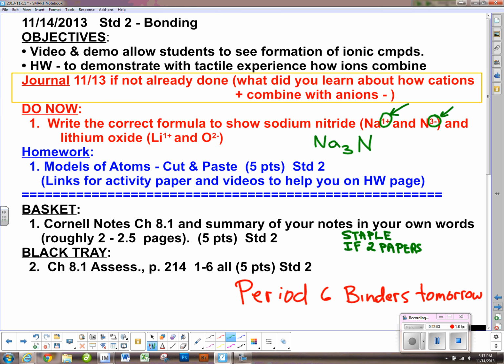And likewise, lithium has a 1 plus charge, oxygen has a 2 minus. So doing the crisscross, using the charges to get our subscripts, we have lithium sub 2, that means there's 2 lithiums, and 1 oxygen.